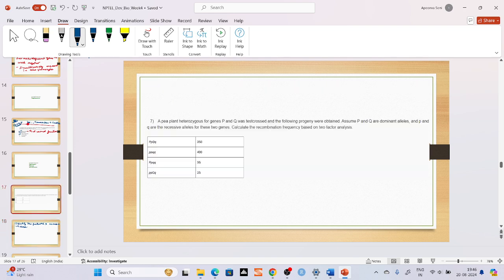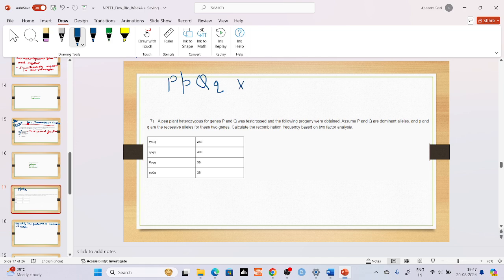Now if you look into the question, it says a pea plant heterozygous for genes P and Q. That means what is the genotype? It is heterozygous, so it is PpQq, and it was test crossed. Now what is a test cross? Test cross is with a homozygous recessive.